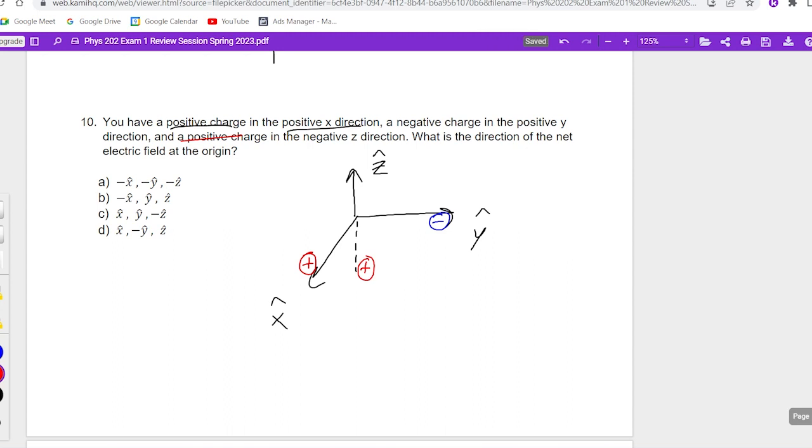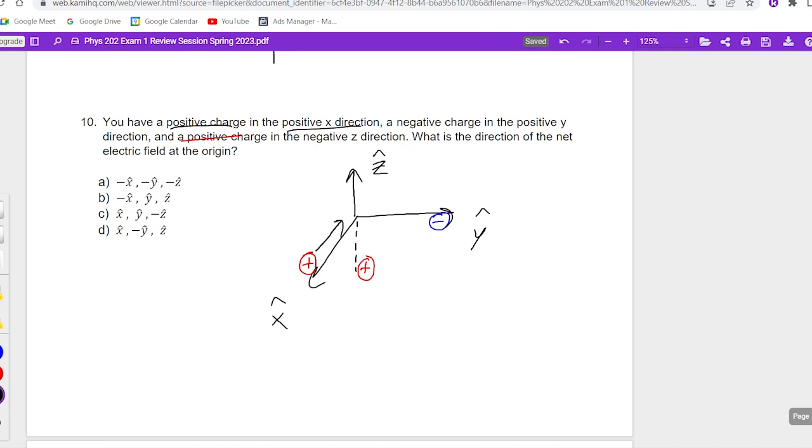Now I need to find the direction of the net electric field at the origin, and remember that because of superposition and because of x hat, y hat, and z hat notation, I just need to consider the effect of these 3 charges separately, one at a time. I also know that since electric field lines point away from positive charges, for my first one, in the x hat direction, the field line is going to point that way, away from the charge.